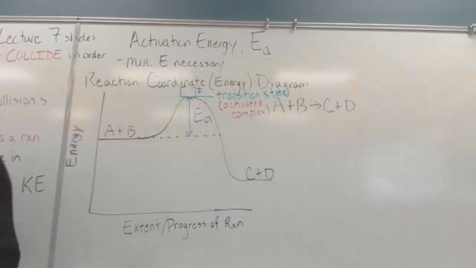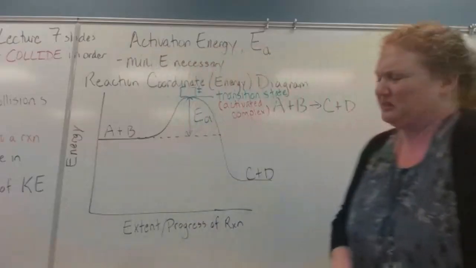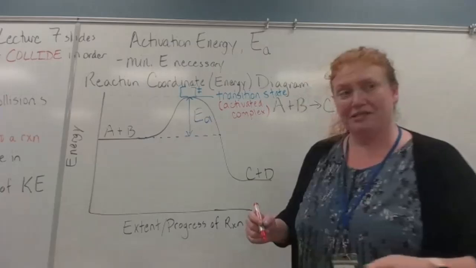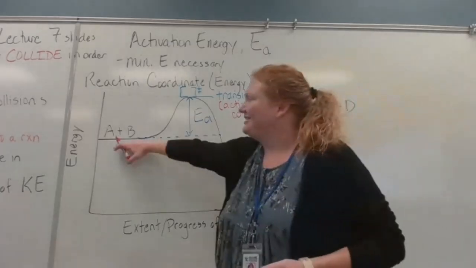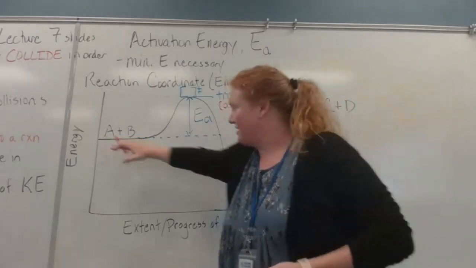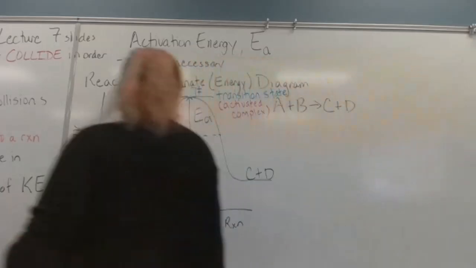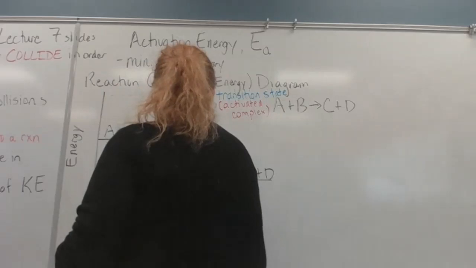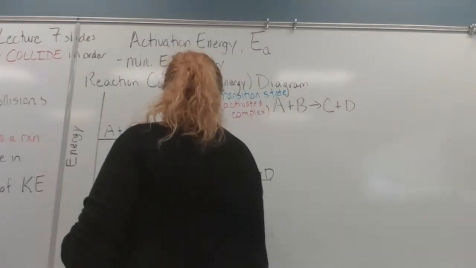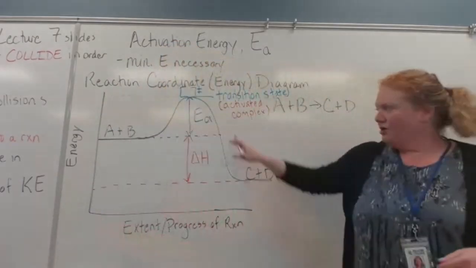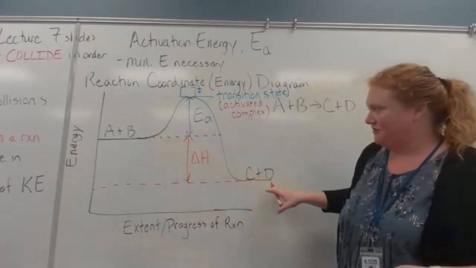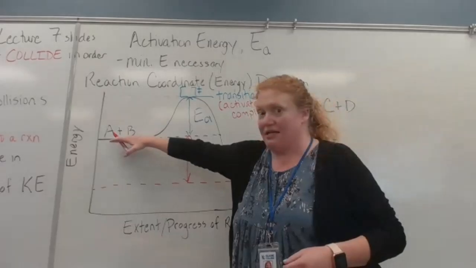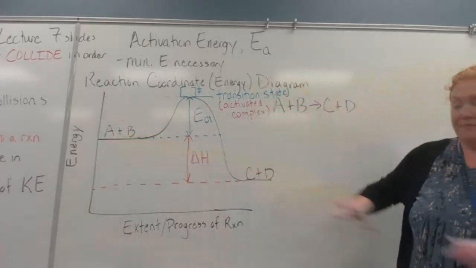Something else that's kind of interesting, I don't know how much we'll actually use this, maybe a little. Do you guys recall what's the difference in energy between reactants and products called? Very good. Delta H means change in enthalpy, right? What do you see happening in this reaction? This energy is higher than what we ended with.